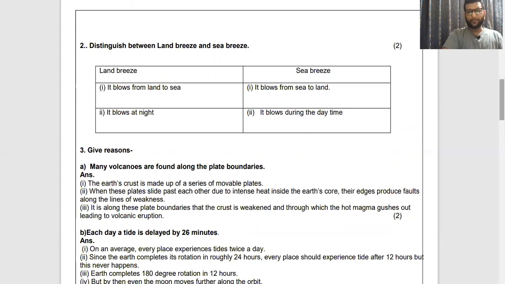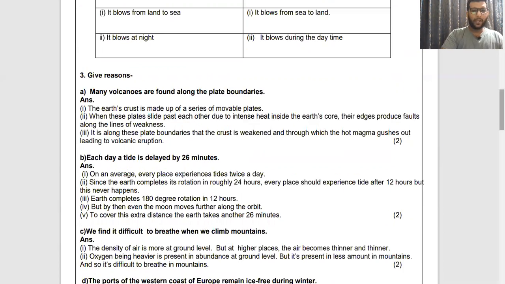Give reason: many volcanoes are found along the plate boundaries. The Earth's crust is made up of a series of movable plates which are floating. When these plates slide past each other due to intense heat inside the Earth's core, their edges produce a fault. That's a crack, a gap along the lines of weakness, a weaker section in simple words.